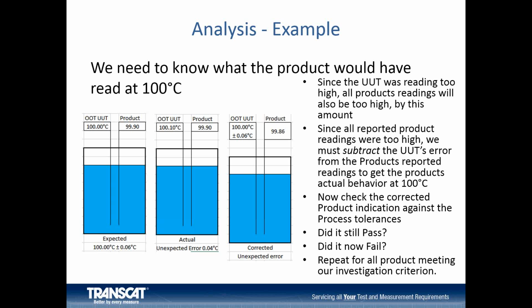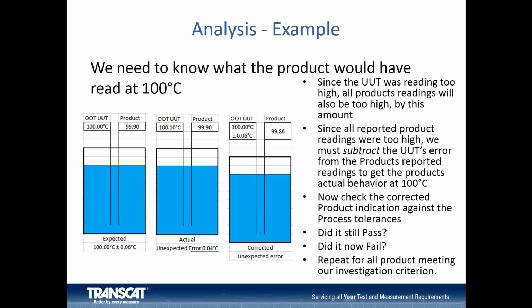Now, assuming you have some product measurement data, and I hope you do, because then you can really answer some questions, we're going to determine and correct for the unexpected error. Our unexpected error is the 0.4 degrees that it was past the tolerance limits.